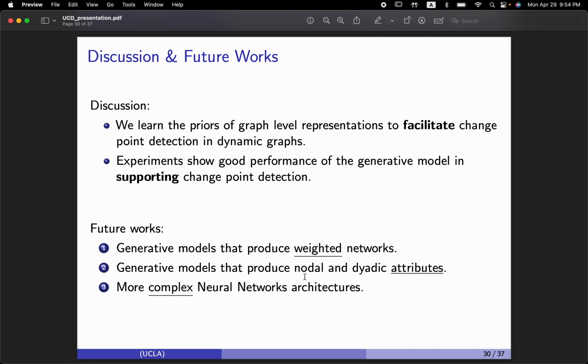In terms of future work, we also want to develop generative models that can produce weighted networks, and we can also develop generative models that produce nodal and dyadic attributes, which are two major components in network data. And lastly, we can also develop more complex neural network architectures to capture more intricate relational phenomena.